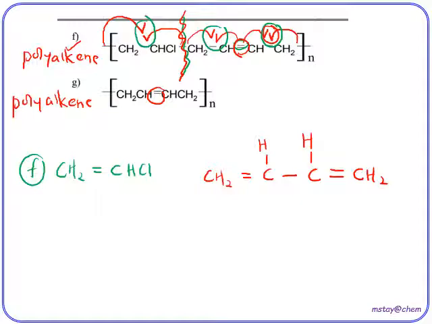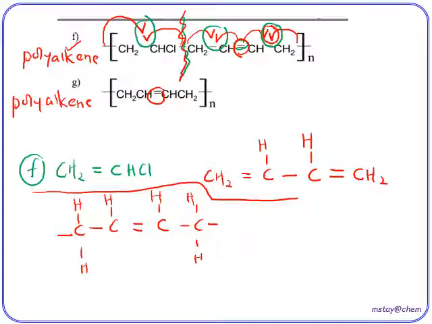Okay, now we are going to look at structure G. For structure G, maybe we can draw out the structure like this. CH2, we have a hanging bond, and then CH, then we have a double bond, and then CH, CH2, we have a hanging bond.